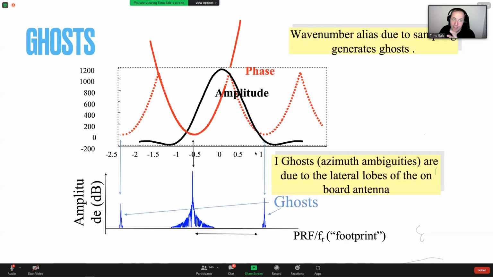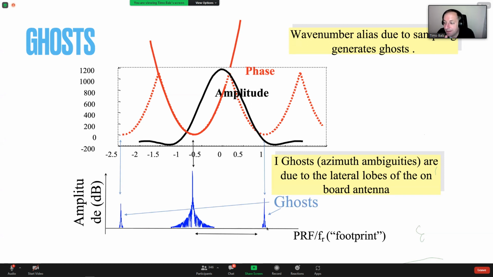Another form of those are ghosts. Ghosts are typically a signal that we do not want, sometimes a signal that we cannot explain in a SAR image. We have them at the side of the footprint, at the edge of the footprint, where we sometimes see such ghost signals appear. I will show you in a slide what that means.